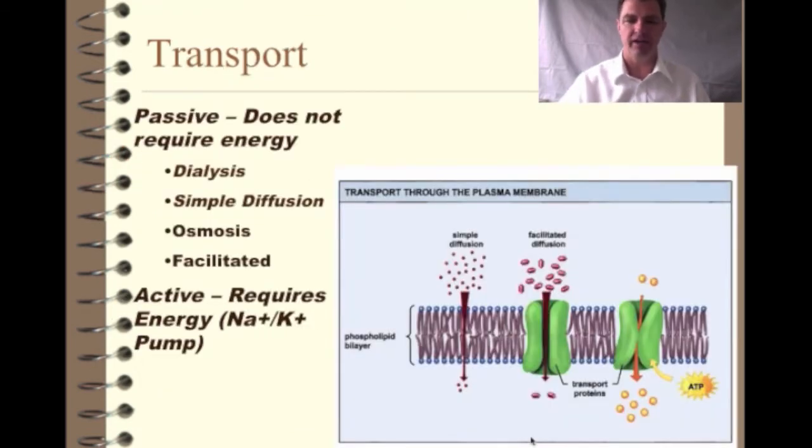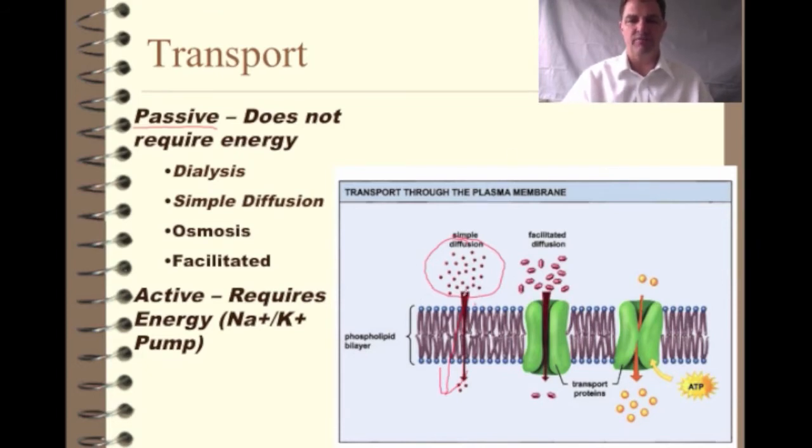Okay? Now, when we talk about things moving in and out through the membrane, there are different forces involved. First we'll talk about passive transport. Passive transport comes in several different styles, but simply what happens is you go from an area of high concentration to an area of low concentration. And this can be just through random molecular movement.